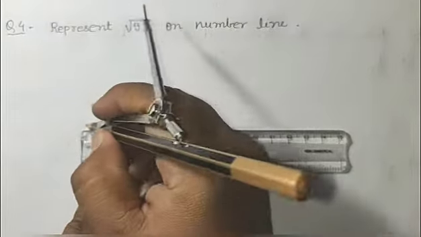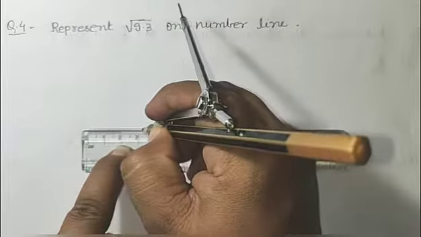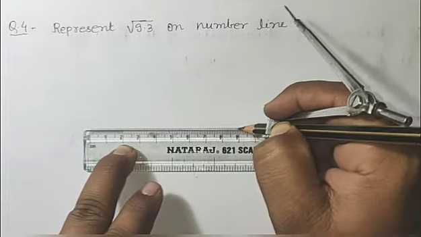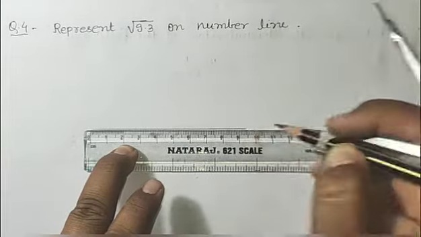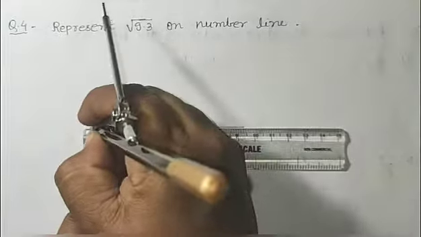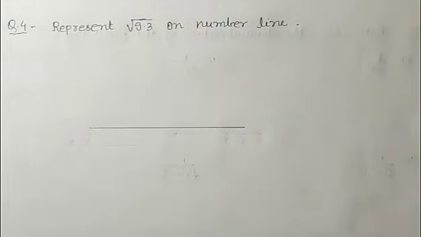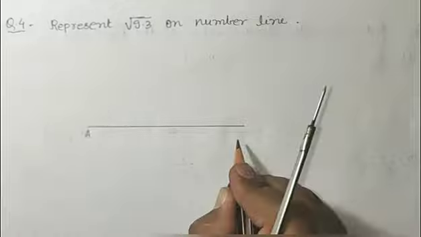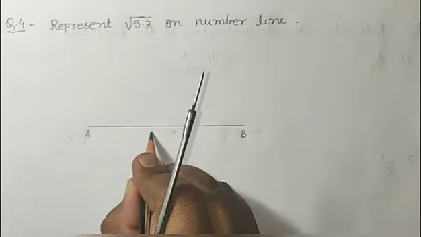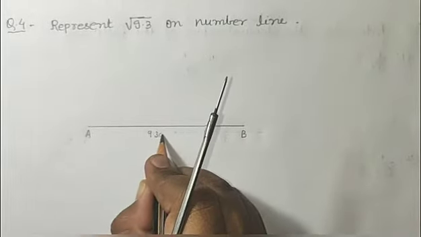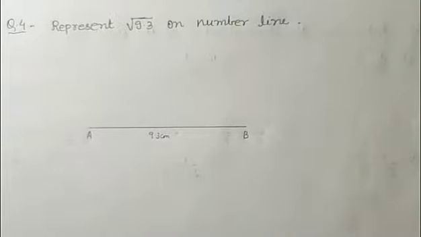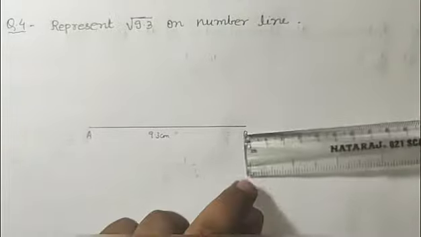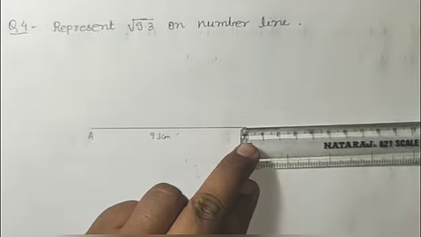So we have drawn a line segment AB which is 9.3 centimeter. Then we will extend this line by 1 unit more.